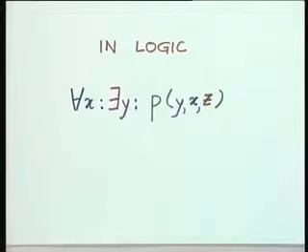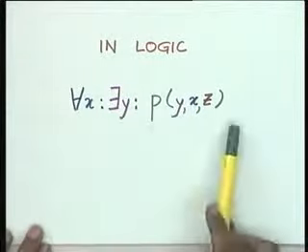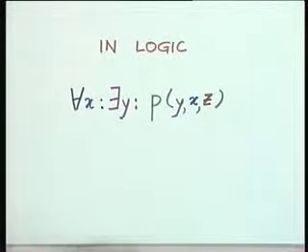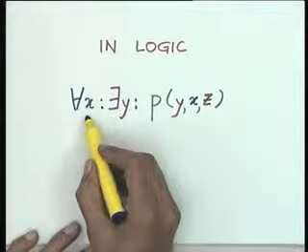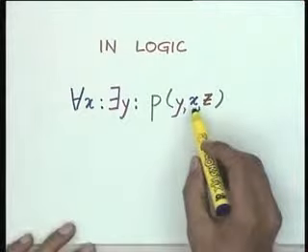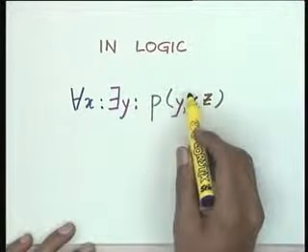This is a common thing. So here is the binding occurrence of x, here is the applied occurrence of x, whatever this predicate is, some statement.